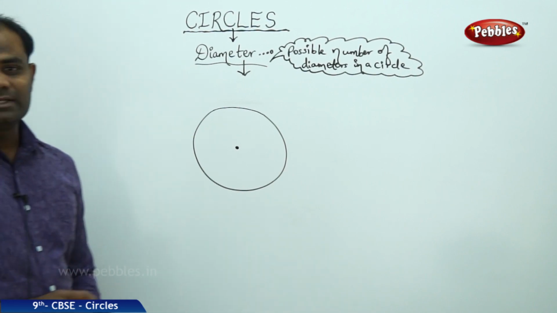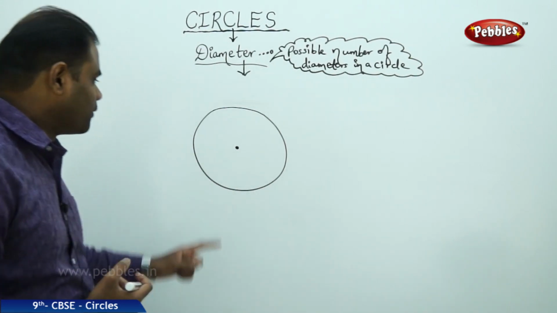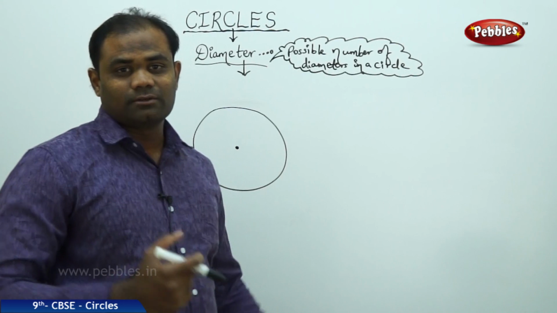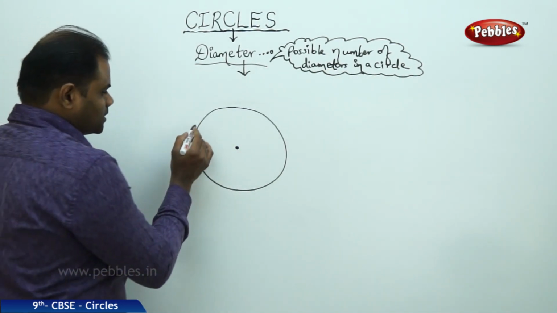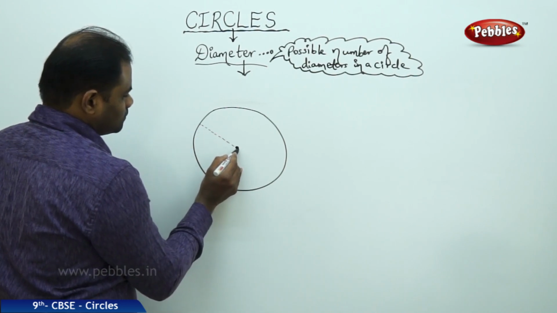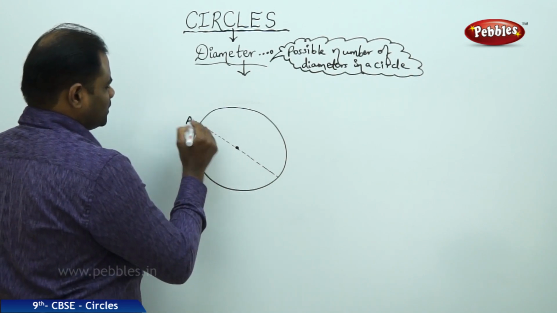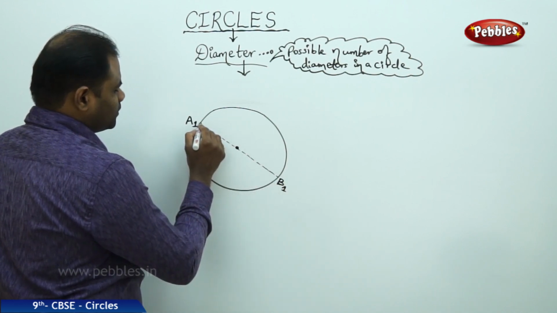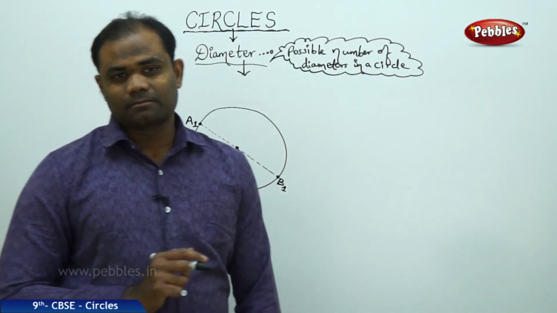Now as we know that diameter is a chord passing through the center of the circle, therefore let's take the different possible chords which pass through the center from various different directions of the circle. So if I start from this direction, I have a chord A1 B1, with a point A1 out here and a point B1 out here in the circle.